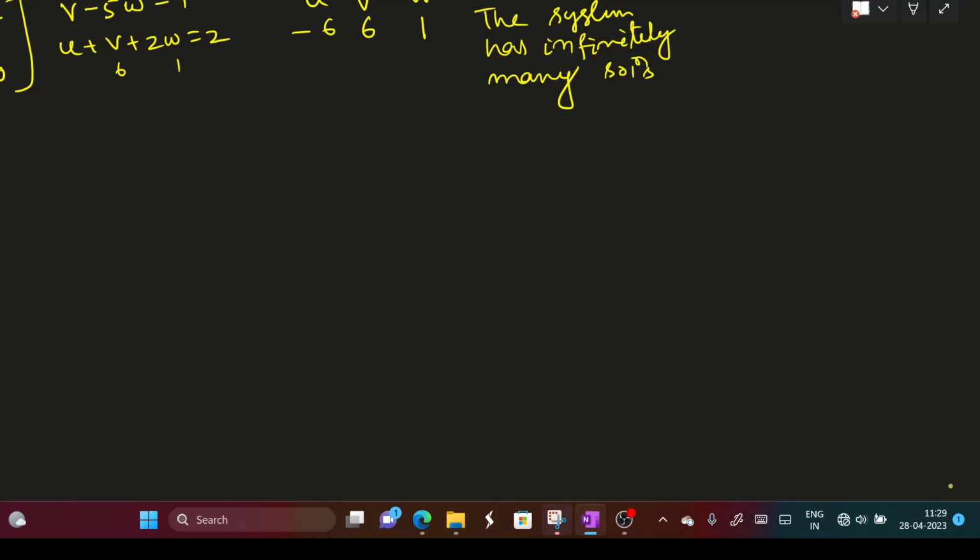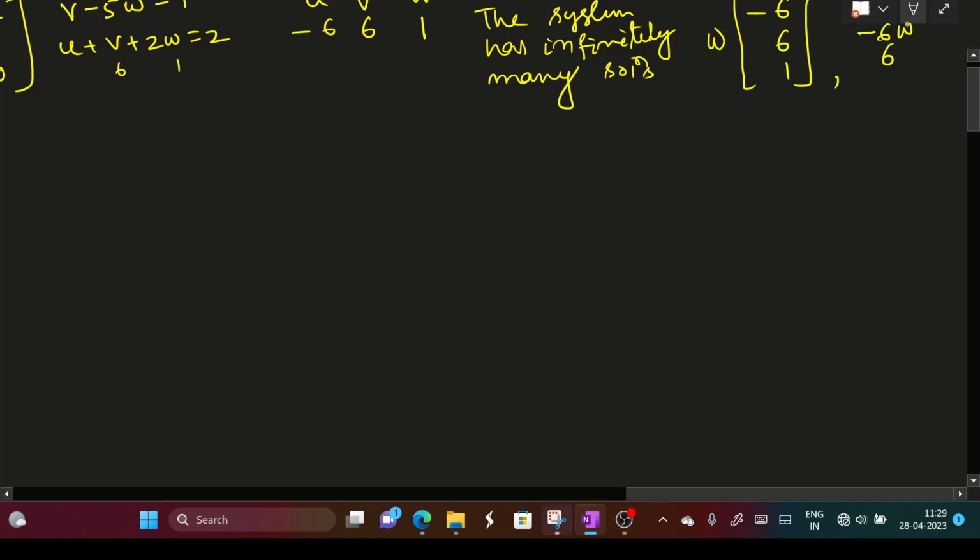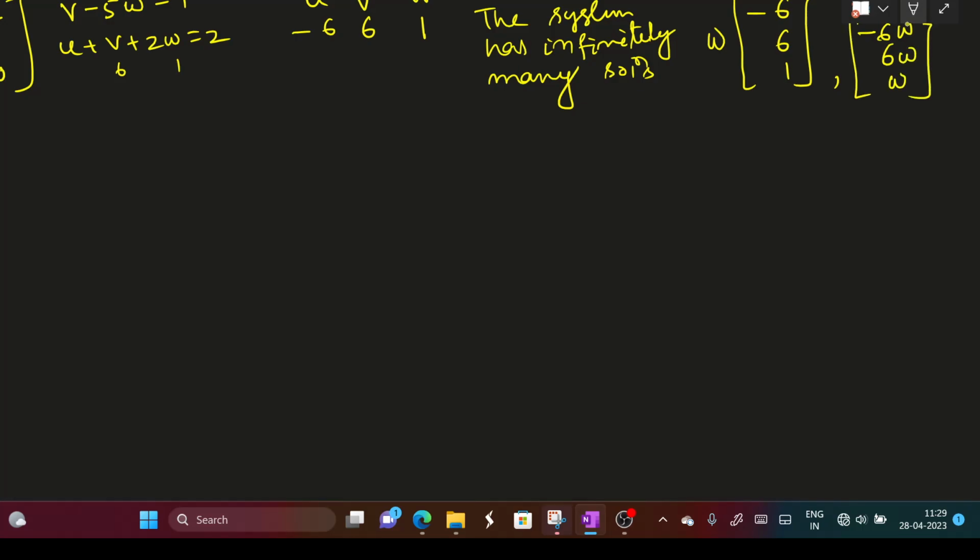In particular, minus 6, 6, 1 is a solution, and any scalar multiple of it is again a solution. So for every value of w, how can I write it? The general solution is minus 6w, 6w, w. This is a solution for every value of w. In particular, minus 6, 6, 1 is a solution of it.